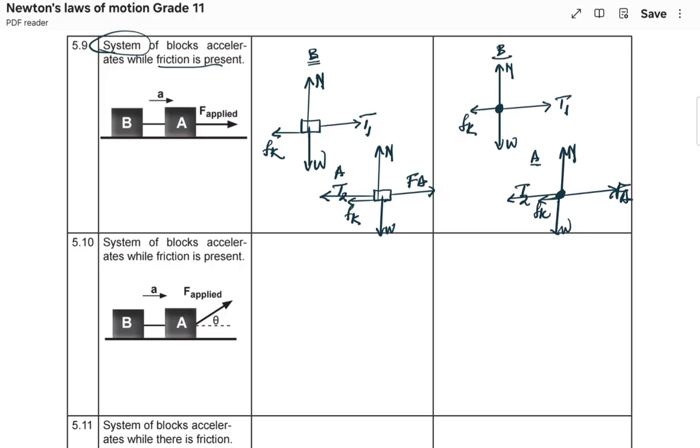All right, then what about this one for B? Friction is present. This is normal. It's a weight.